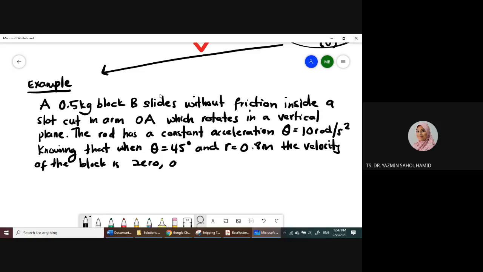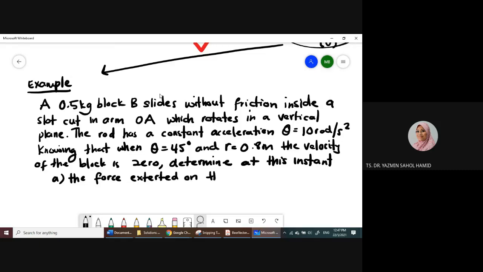Determine, at this instant, A, the force exerted on the block by the arm.